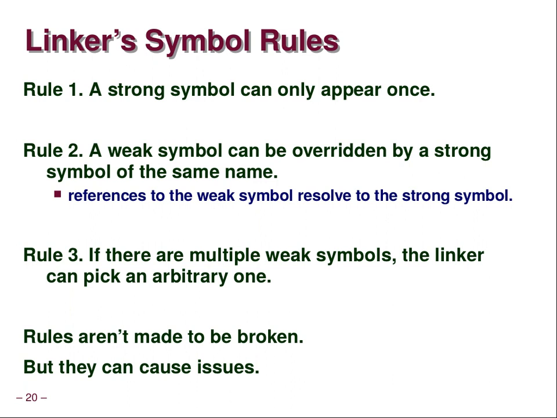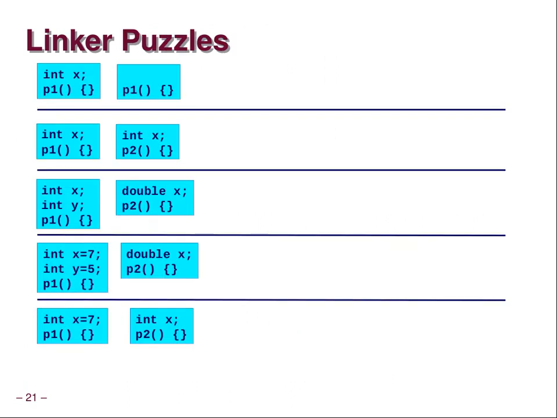A weak symbol can be overwritten by a strong symbol of the same name, so the strong conquering the weak. If there are multiple weak symbols, the linker can pick an arbitrary one. Does that sound dangerous? Yep, that's a no-no. The rules aren't meant to be broken, but they can definitely cause some problems.